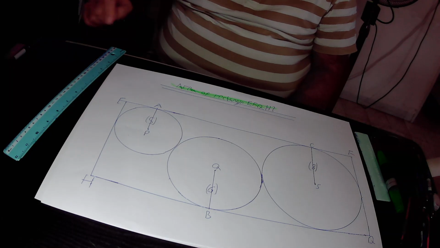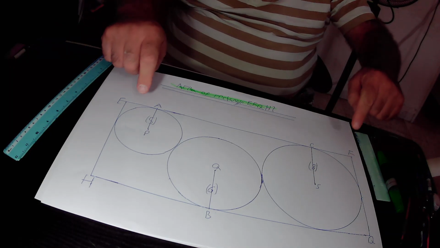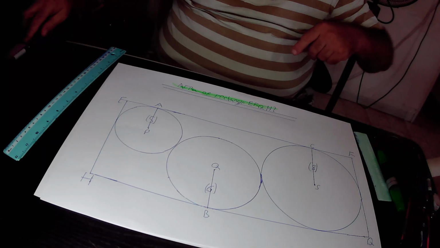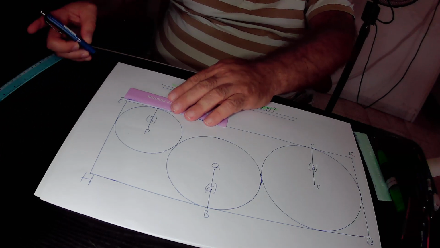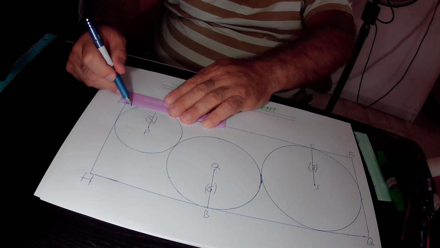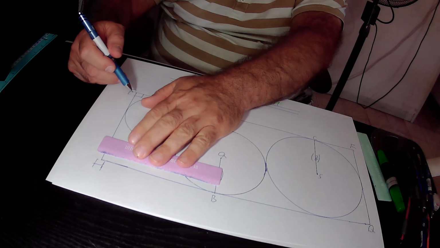So first of all, we know that all the angles in a rectangle are right angles. So those four angles are all right angles. So this is a right angle. This is also a right angle.